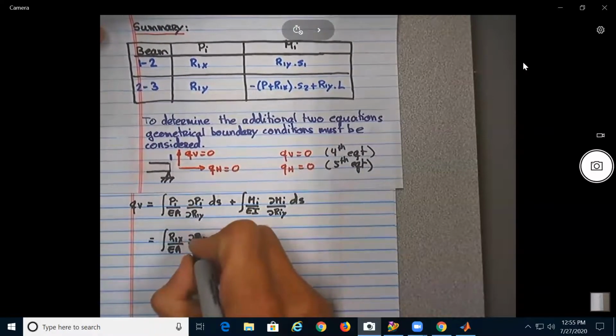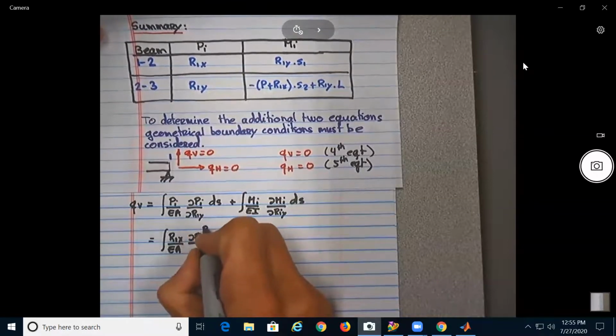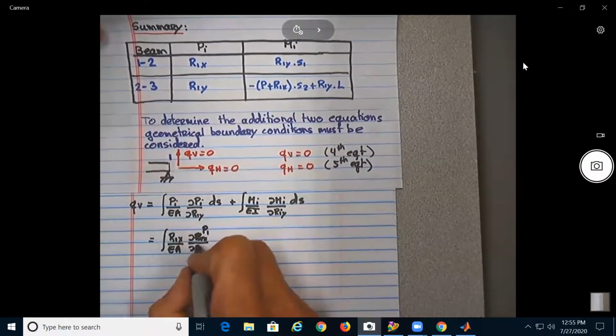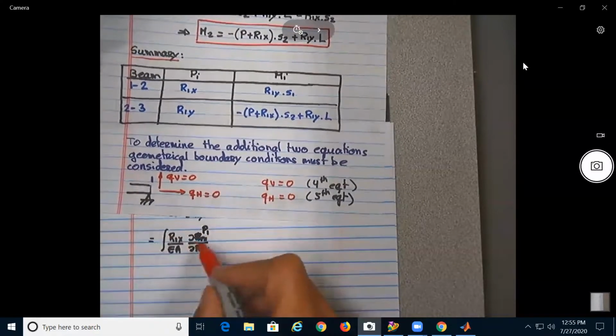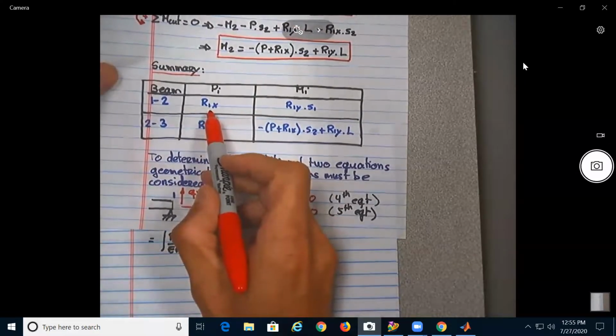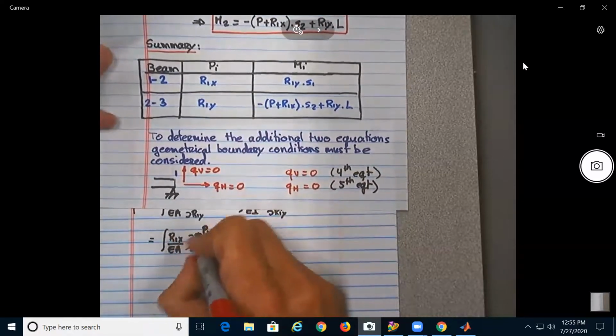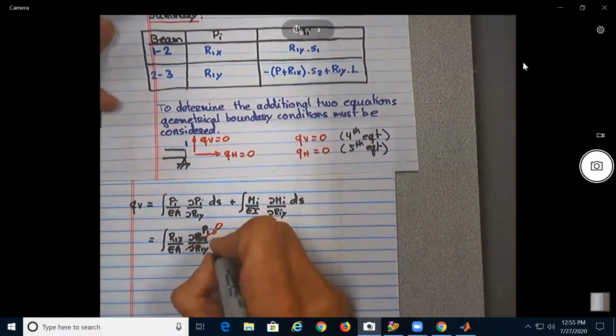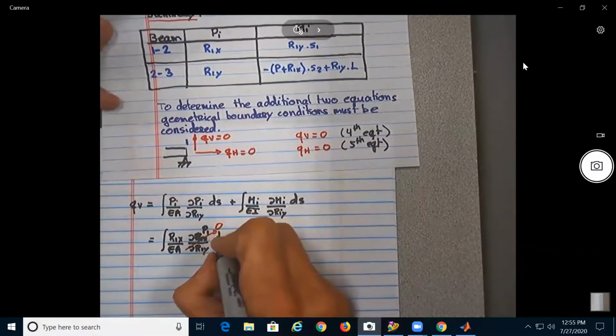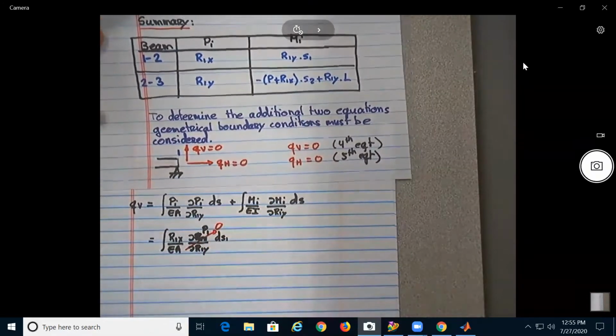It's not really R1x, it's really P1 with respect to R1y. This is 0 because P1 is equal to R1x. So this is 0, and you say this will be ds1. You want to be accurate.